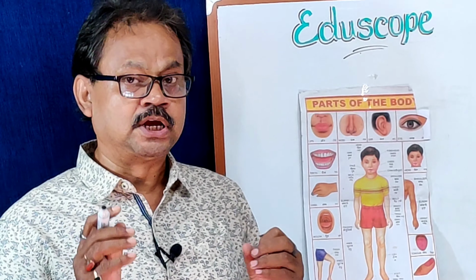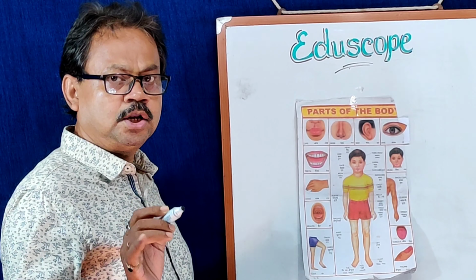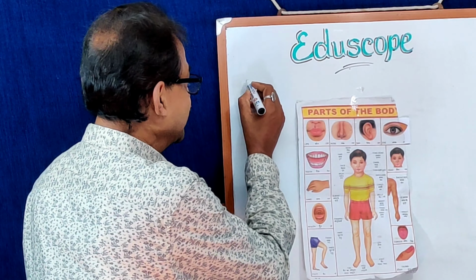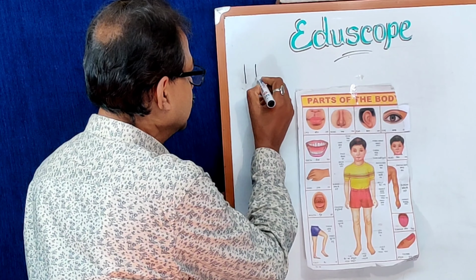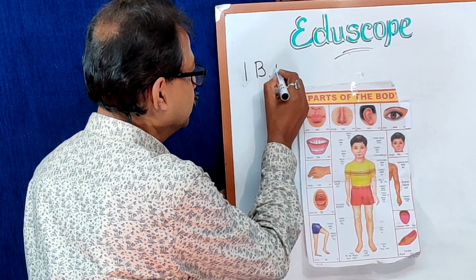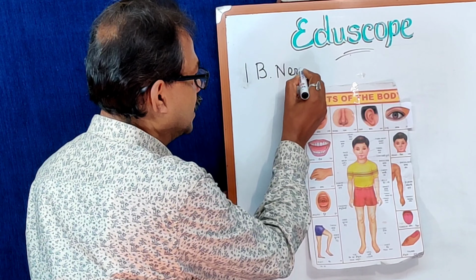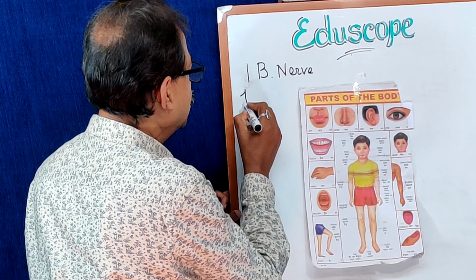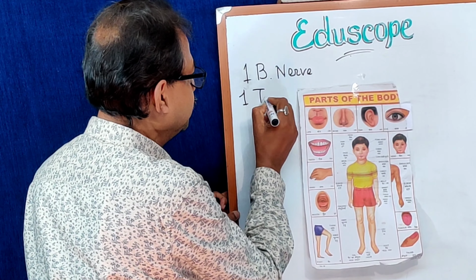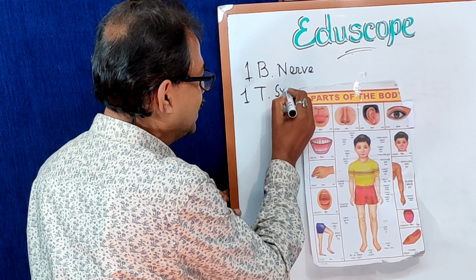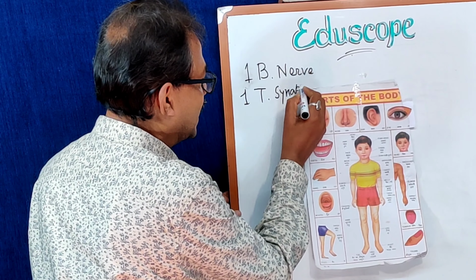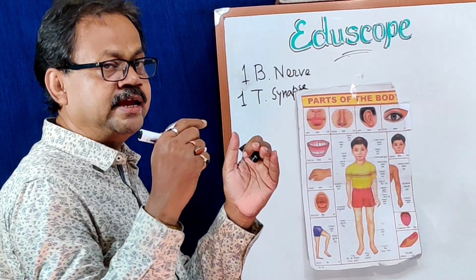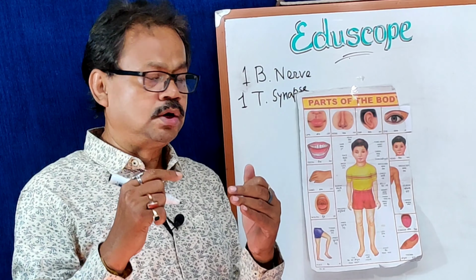Most complex organ. Why? Because this brain contains 1 billion nerve. 1 billion nerve. And there are 1 trillion synapse. What is synapse? You know that synapse is a joint in between two neurons.